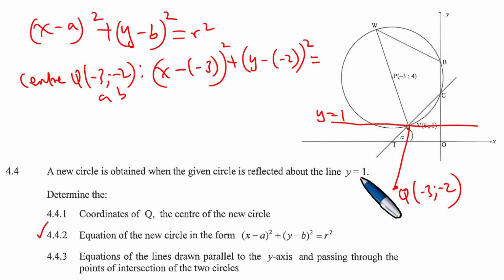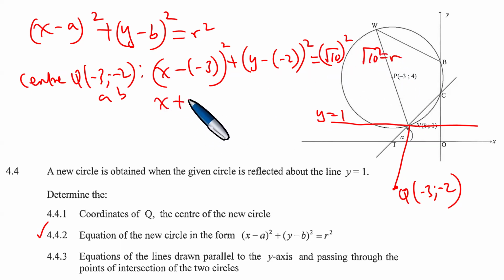The radius of this circle becomes the distance between, right, because now we have a new circle that's obtained when it's reflected, the new circle with center Q. The radius is obviously the same because it's the same circle. And we know that the radius was just the square root of 10 from the original question. And the square root of 10. If this is the radius, you square it.